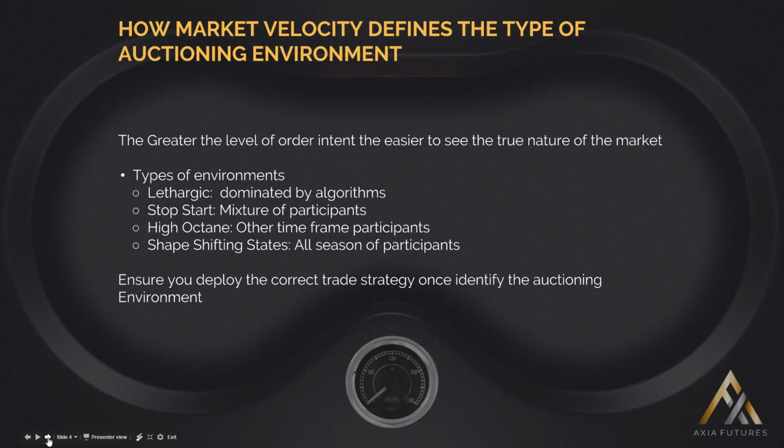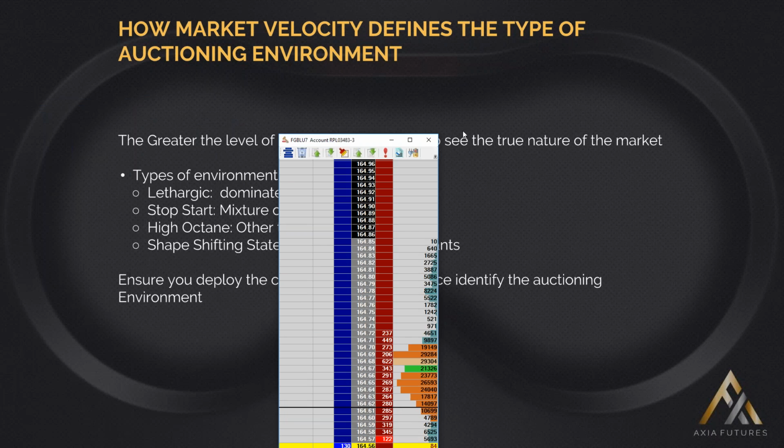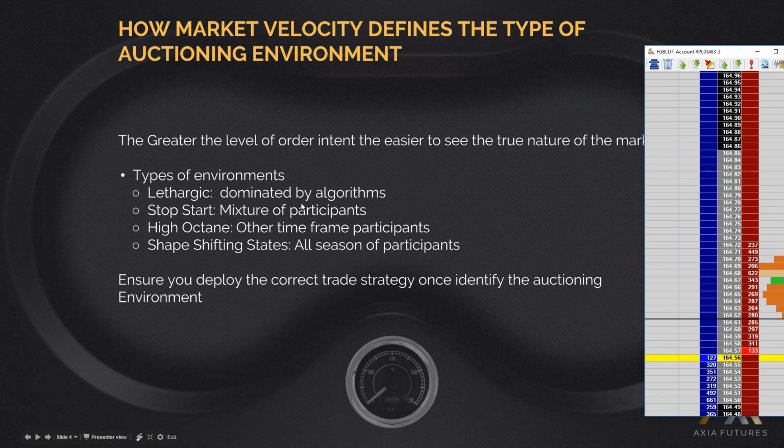Okay, now how market velocity defines the type of auctioning environment. So as we mentioned in the previous slide, the greater the level of order intent, the easier to see the true nature of the market. Now, if you are already a price ladder trader, or if you're embarking on your career trading on the DOM and having direct market access to the exchanges, which is one of the most critical things with regards to counting your numbers by the end of the year, as opposed to being a spread.